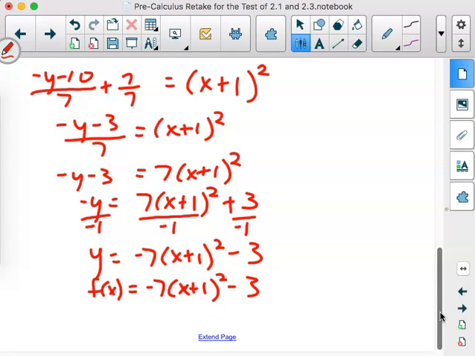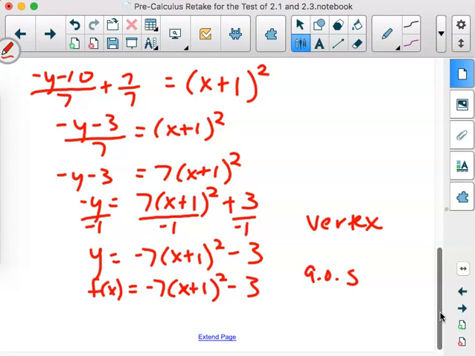Now, the follow-up, which some of you forgot, you did all this work and you had some great answers. The follow-up was, where's the vertex and where is the axis of symmetry? You want to have your axis of symmetry be the vertical line through your vertex.